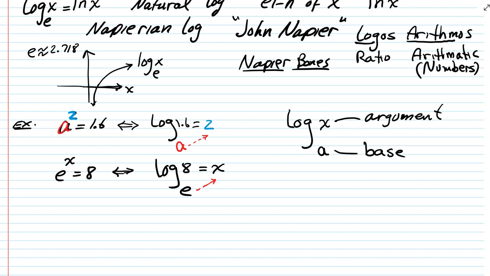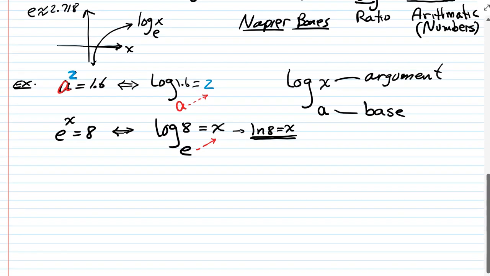All right, let's do another rewrite. And by the way, log base e of 8, we can write this as ln of 8 equals x, right? That's just a shorthand for log base e. Now let's change, for example, from log to exponential forms. In this example, suppose I have natural log of 4 equals x, and we want to rewrite it.